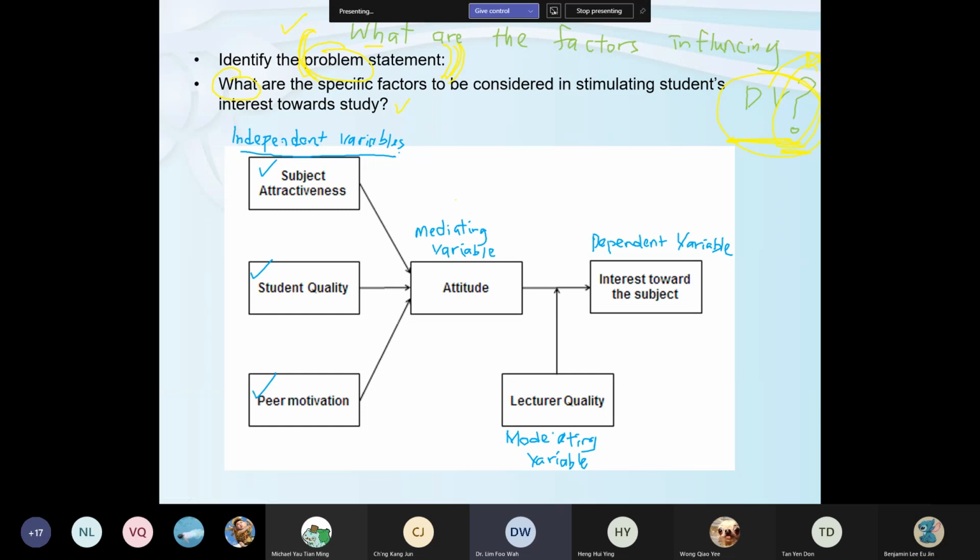This is one of the tips for you to score all the marks in the question. Just write down everything. Remember, for the moderating variable, the line will not touch any boxes. The line only touches the other line. So this is the theoretical framework for question B. Can you follow or not?